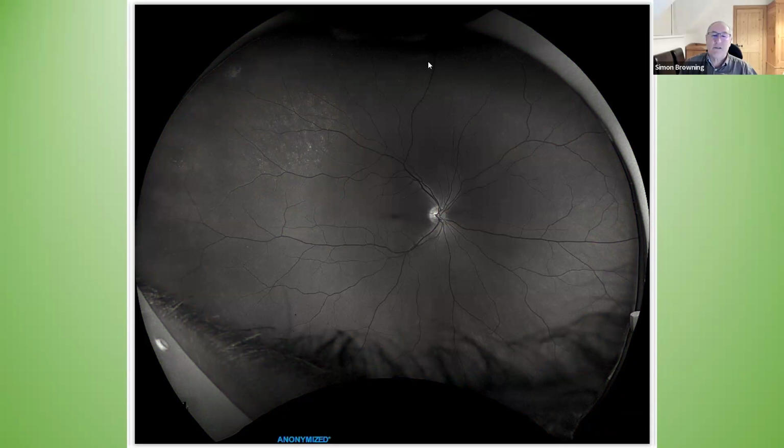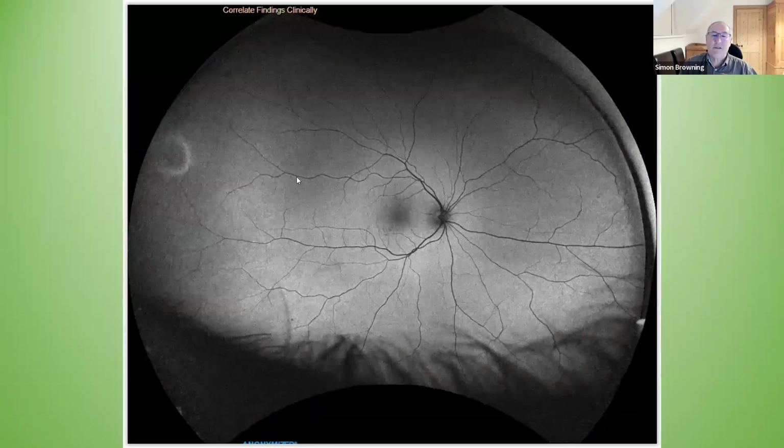And interestingly, when we look at the autofluorescence, there is no sign of any activity within the retinal pigment epithelium. There is no sign of any lipofuscin on the surface of the retina. Not sure what's happening over here, and that's a different factor. We can ignore that for the time being. But again, we're not seeing any lipofuscin on the surface of the retina.